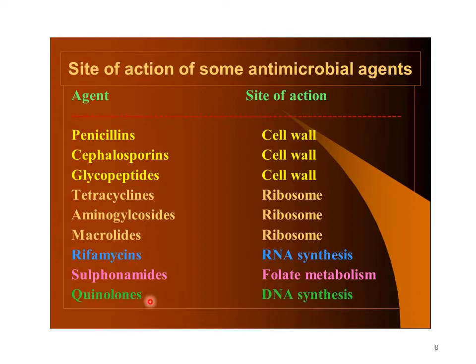Rifamycins and quinolones, I want you to put a star next to them and make note that they target nucleic acids, such as RNA and DNA. Now, when targeting nucleic acids, these structures and their enzymes are so similar to humans that these are also going to cause some problems for the patient.